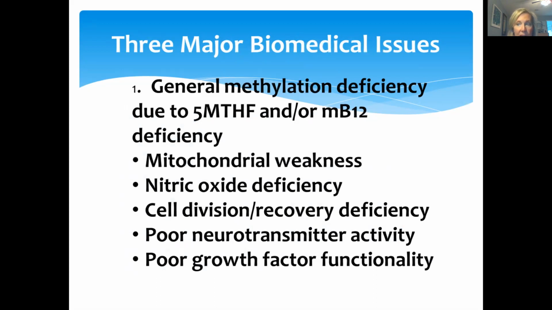Nitric oxide deficiency, that is keeping your circulation healthy, your heart and brain, multiple organs are dependent on your blood flow. Cell division and recovery, that's how we heal. Poor neurotransmitter activity, there goes your mental illness, depression, just mood swings, all kinds of things go with that, and poor growth factors.